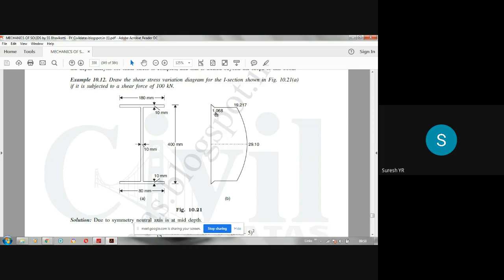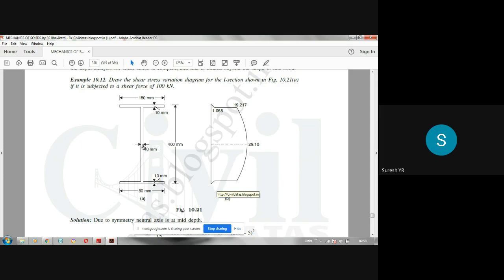So we need to calculate three values here. Shear stress at the bottom of top flange, and shear stress at the top of web. There you will be having only the value of B different. For bottom of top flange, B is 180. For top of web, B is 10. Then at the neutral axis, it is maximum.